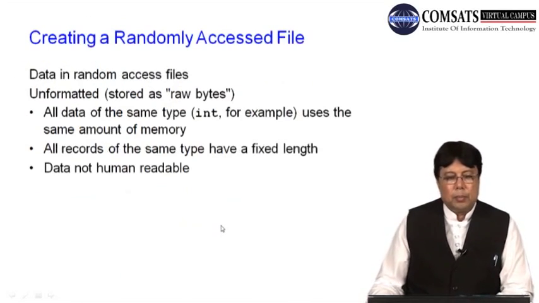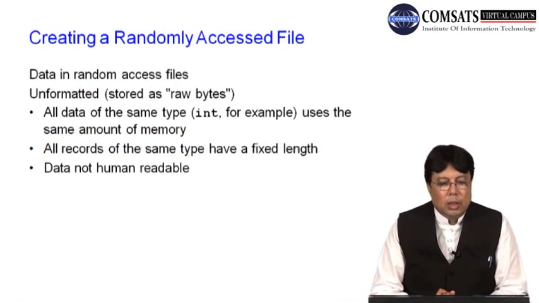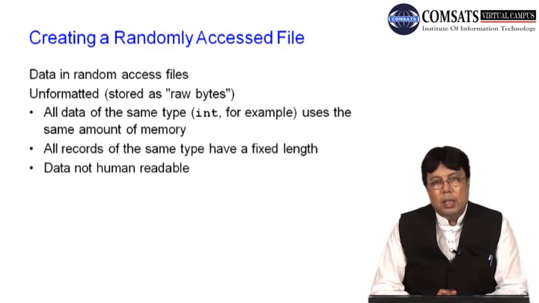Okay, so creating a random access file. Data in the random access file is unformatted. I also explained in the last lecture that this data is stored in raw bytes.